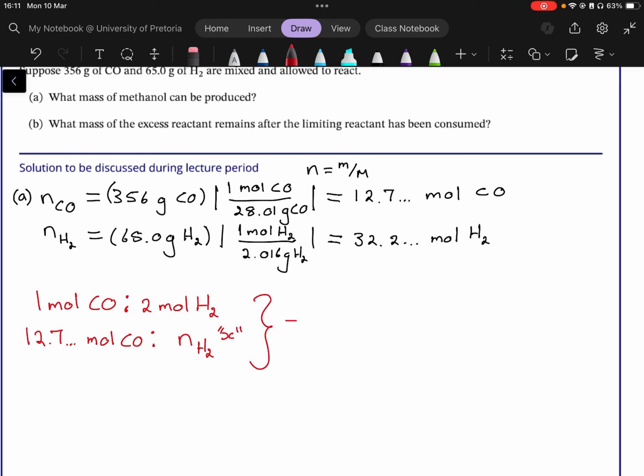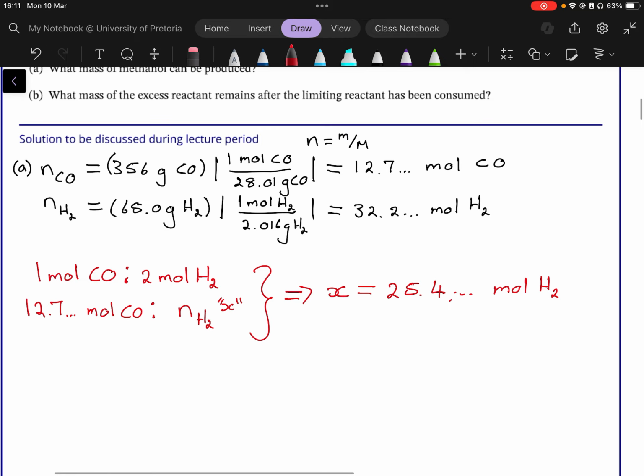If you do your cross multiplication and solve, you're going to get an X value that is roughly 25.4 and some numbers mole H2.